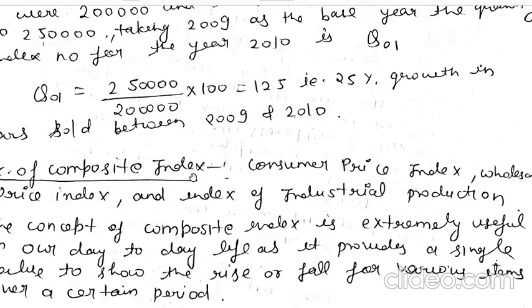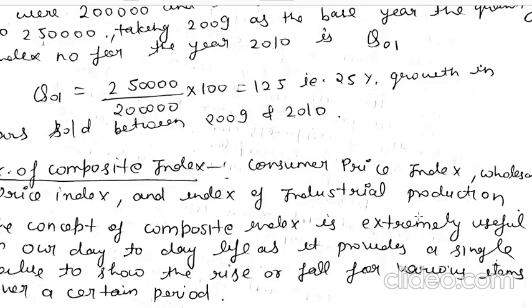This is your simple index example, and now the composite index examples: consumer price index, wholesale price index, and index of industrial production. Wholesale price index involves more than one variable, and it can increase or decrease.